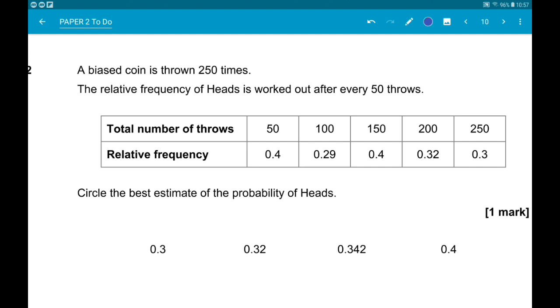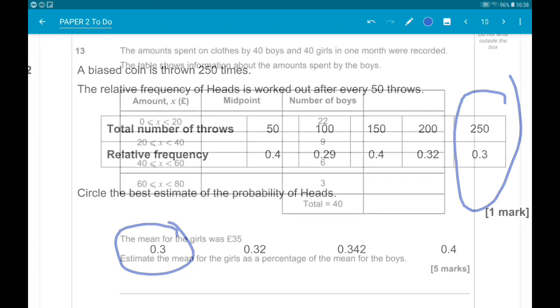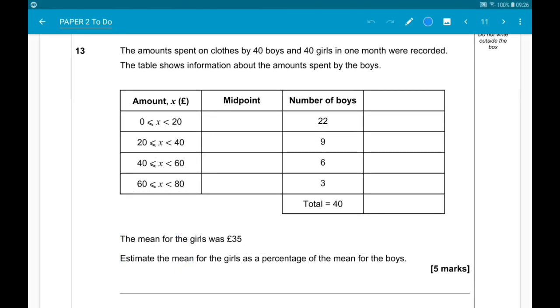So the more times you do a trial, the more accurate your results. So the most accurate is going to be 250 throws, which gives us 0.3.